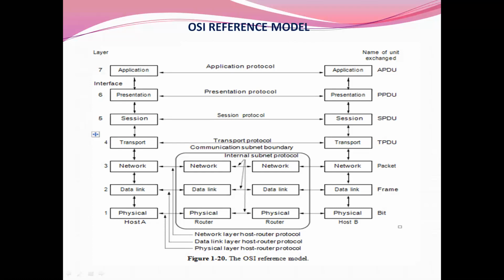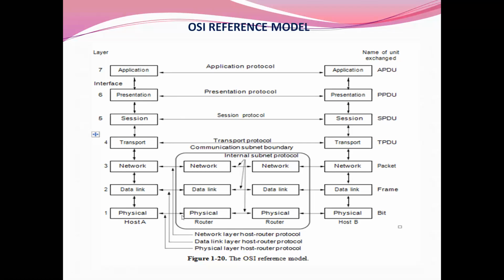With that header, the data reaches the 5th layer, where again some header is attached. From the session layer, the data reaches the transport layer, where again some header is attached. Like that, as the data passes from the higher level to the lower level, headers are attached to the data.